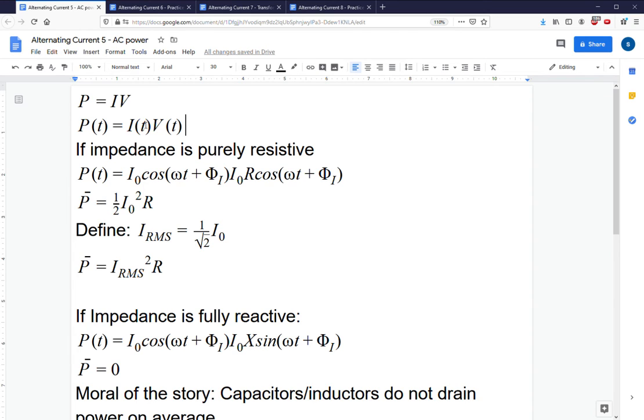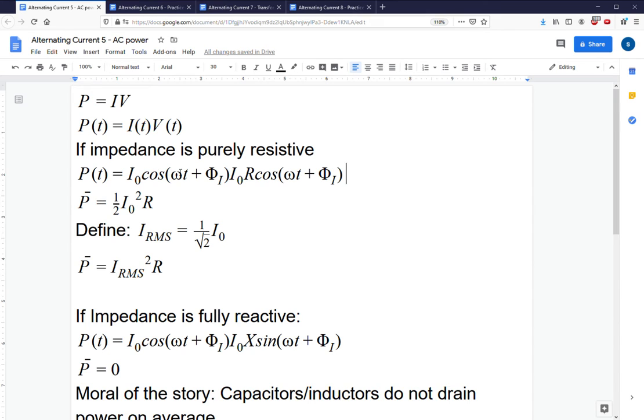Well, in the case of a purely resistive load, I and V are in phase with each other. We can say that V equals I times R. So I of t is given by this right here. V of t is given by this right here.